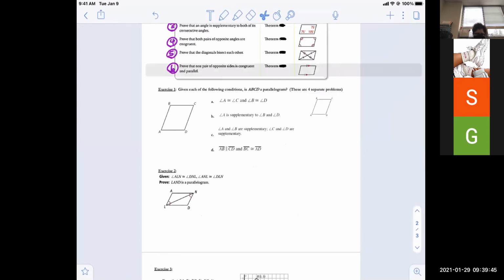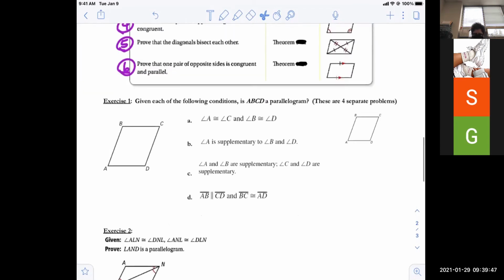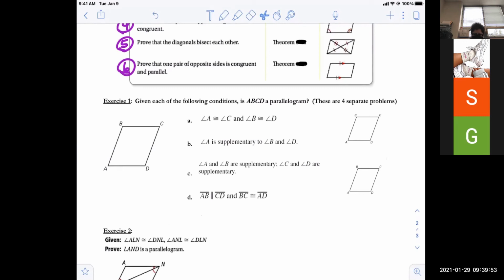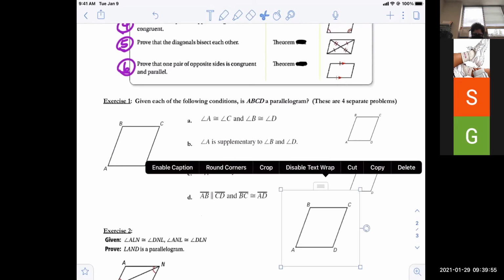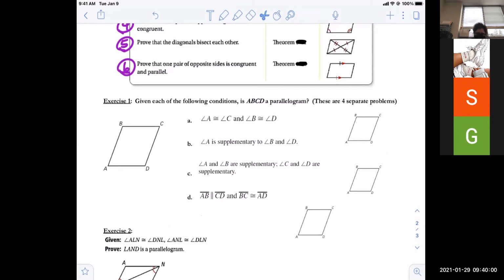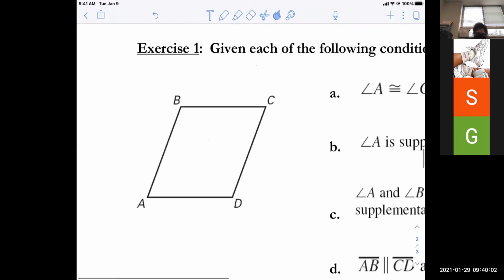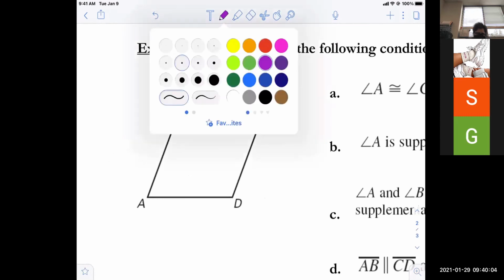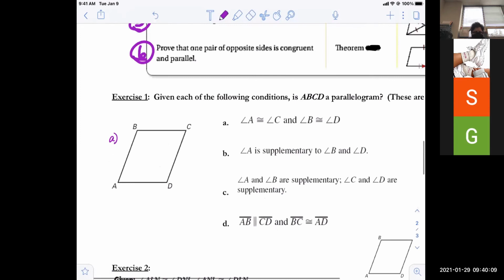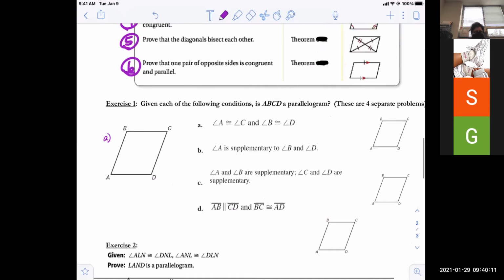So A, I'm going to put on the actual picture, and then B, C, and D, I'm going to put over here so that we can show different drawings. All right, so I'll put A right here. If it's yes, we should be able to write the theorem. And if it's no, we should be able to give a counterexample or explain why it's not.